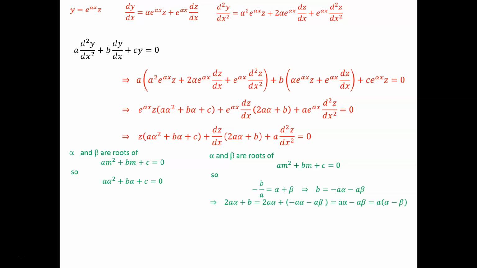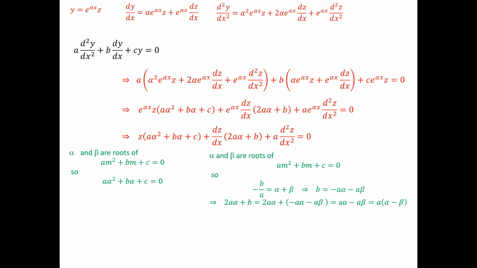So b must be equal to minus a alpha minus a beta. So 2a alpha plus b can be rewritten as 2a alpha plus minus a alpha minus a beta, which leaves us with a times alpha minus a times beta, or if we like, a times (alpha minus beta).